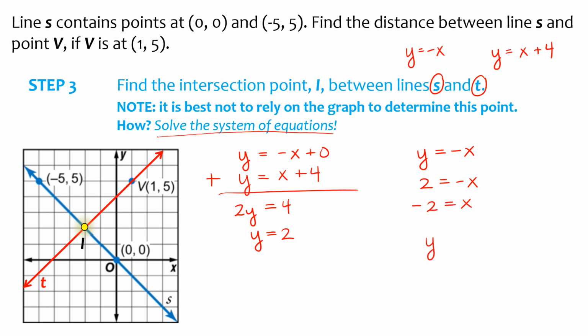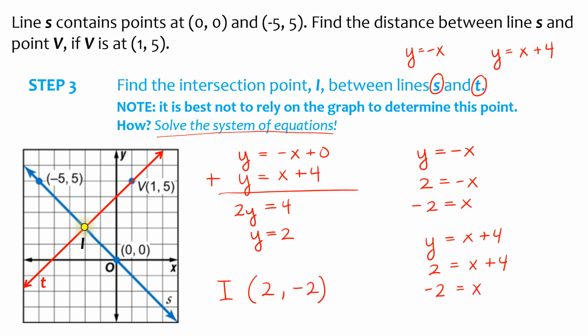Or you could have gone the other way. Y equals x plus 4, or 2 equals x plus 4, subtracting 4 from both sides still shows that x is -2. So this point I has the coordinates (-2, 2). All right.